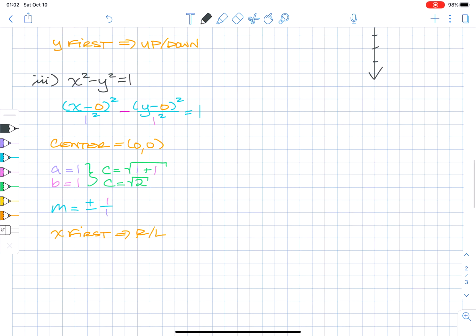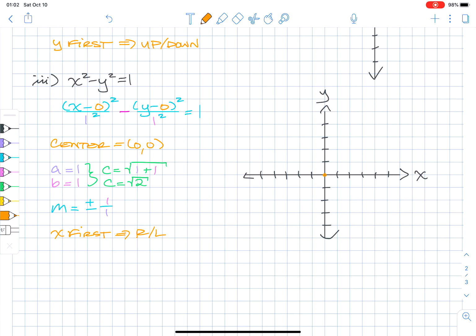Okay. So let's see what we have. X and y coordinate axes. X and y. Let's do 1, 2, 3, 4, 5. 1, 2, 3, 4. 1, 2, 3, 4, 5. 1, 2, 3, 4. Okay, so my center I know is at 0, 0.